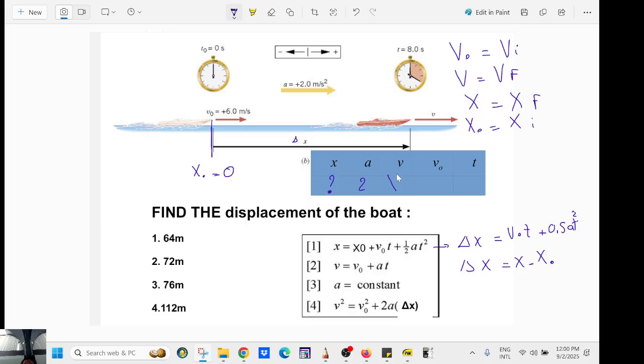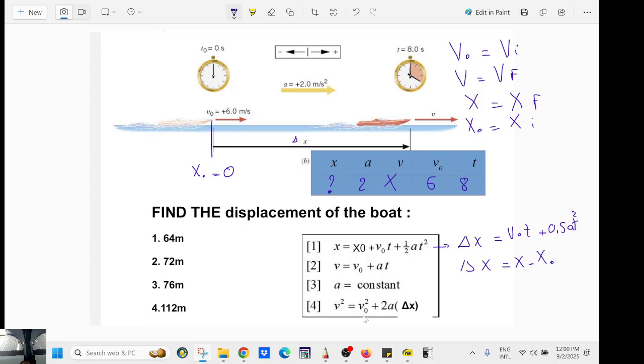Final velocity IDC, which means I don't care. Initial velocity is 6. Time elapsed is 8. So I need an equation with x, a, initial velocity, and the time. So you have equation 1, 2, 3 is not really an equation, or 4.